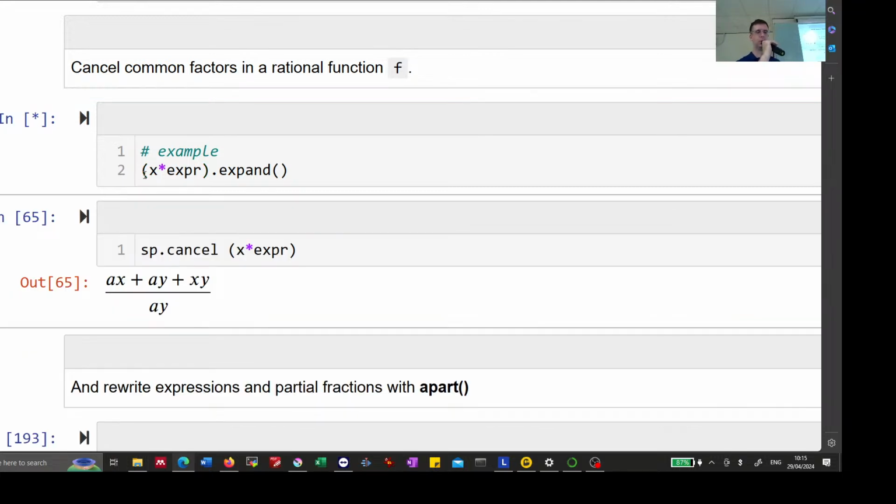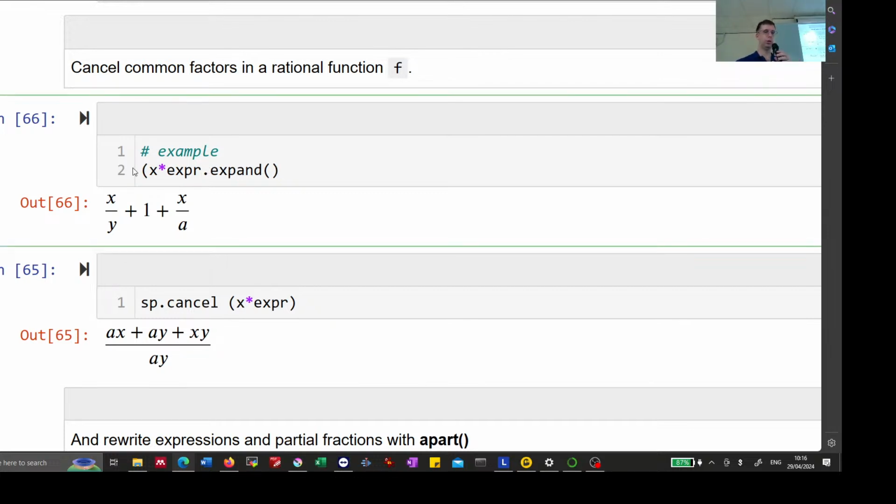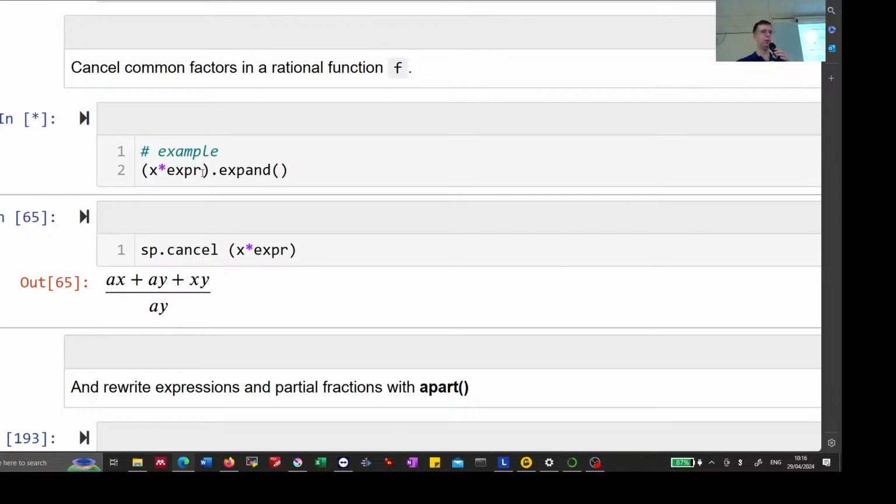Always be careful. Aha. So what's the difference? So we need to be careful what we actually ask Python to do. In this part, I first do the expand on expression and then I multiply with x, right? But I actually want to have x multiply with my expression and then everything being expanded. And then it looks okay.